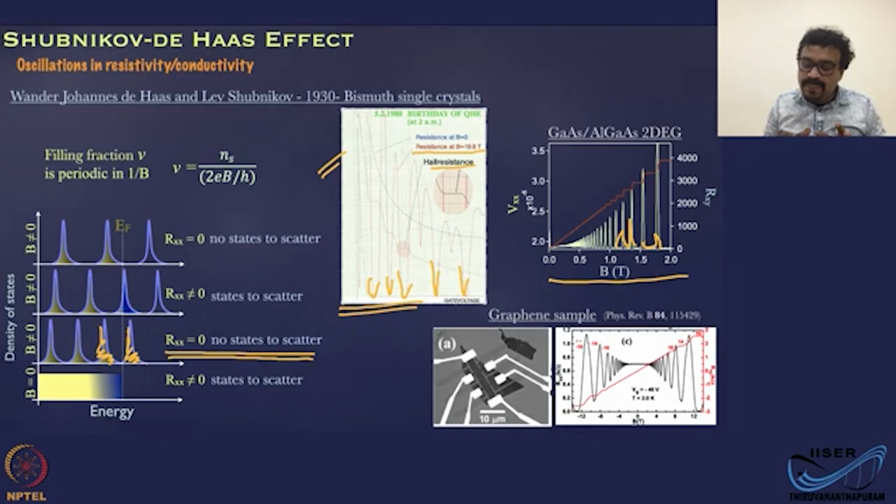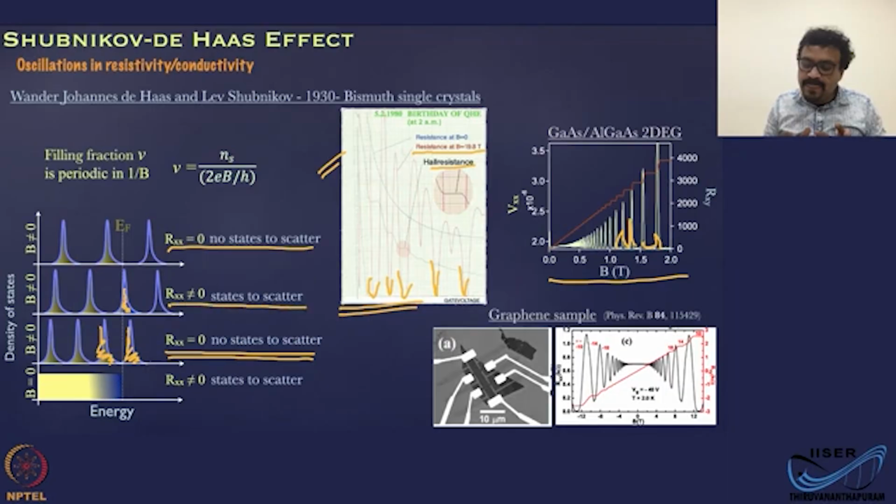But here, when the Landau level passes through, then there are states. Of course, given the broadening of the temperature, that is why you get broadening of all these Landau levels. That is basically caused by the broadening of temperature mostly. So then you have states here. Now again, no states, no resistance.